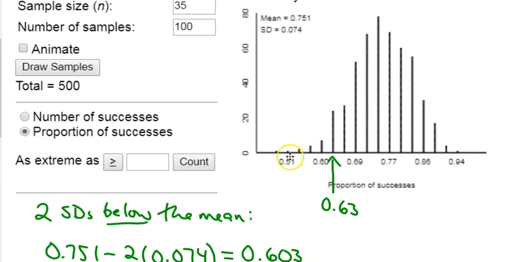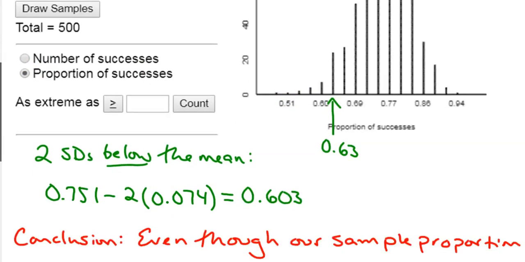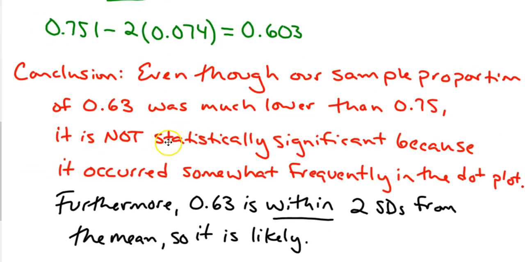However, if your class got a value that was down here, that was outside 2 standard deviations, that was really rare, like 0.5, then you would have a different conclusion. You would say it is statistically significant because it hardly ever occurred in the dot plot.